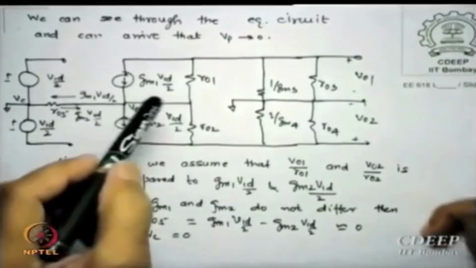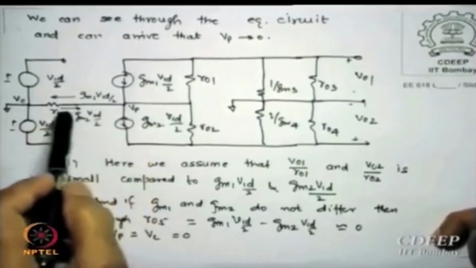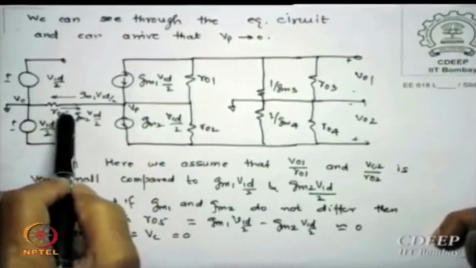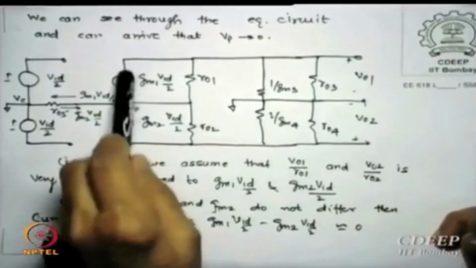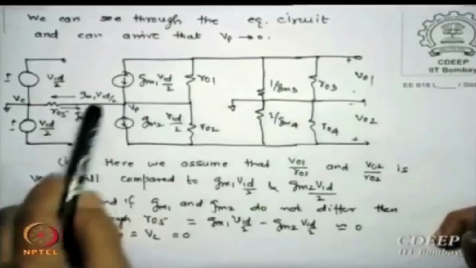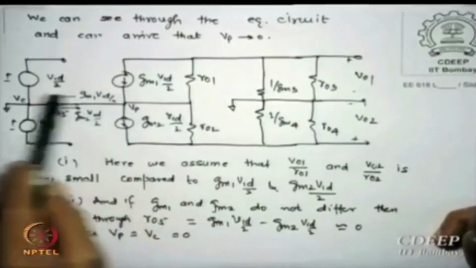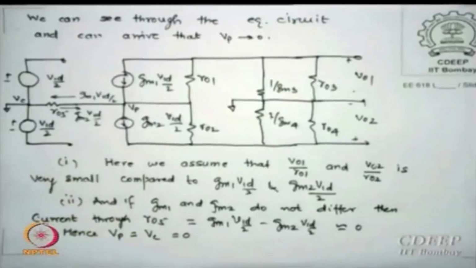If that is so, this current and this current pass through RO5 to the ground. Is that okay? The direction, if you see, is gm VID by 2 goes like this, and gm2 VID by 2 comes out of it.